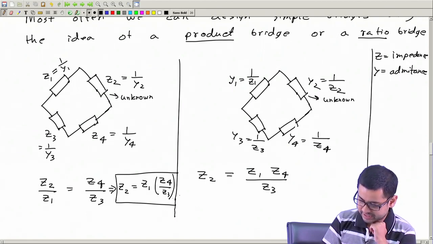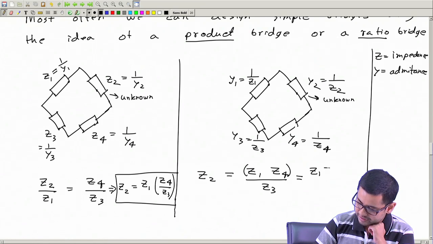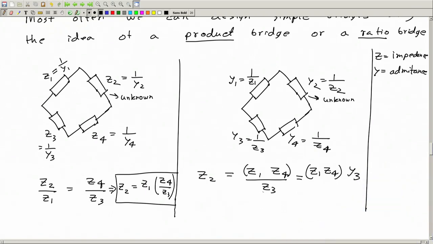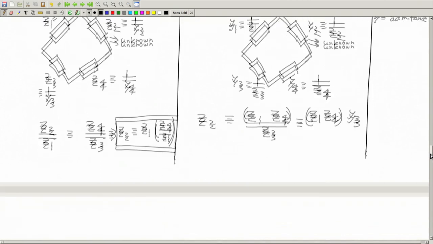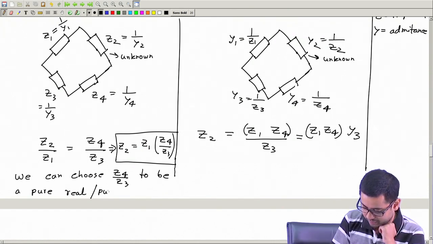This is true, this is the same equation. Okay. But this I can now write in terms of the admittance using this, Y3 is 1 over Z3. Now, if we choose, so on this side we can choose this factor Z4 by Z3 to be a pure real or pure imaginary number.